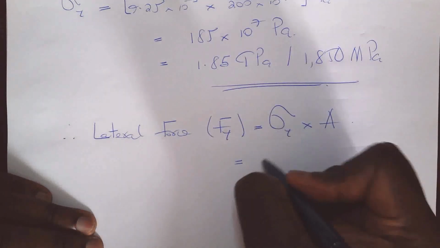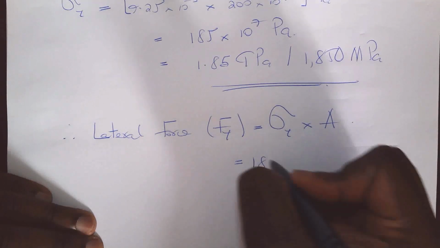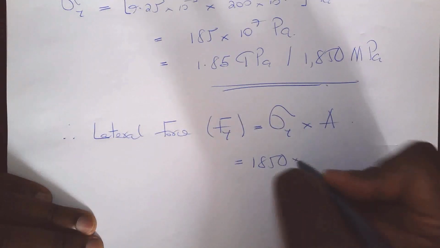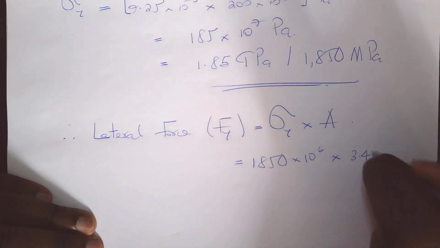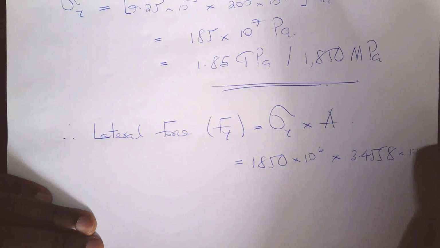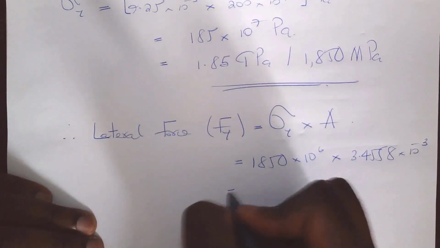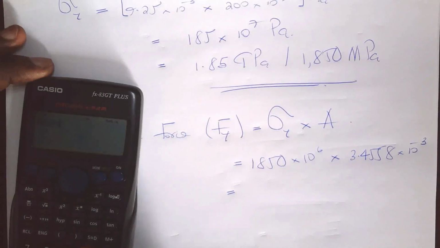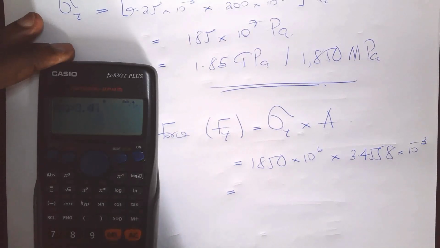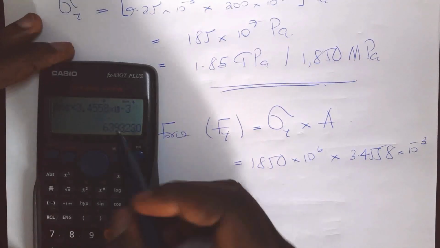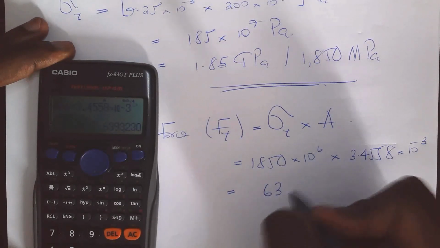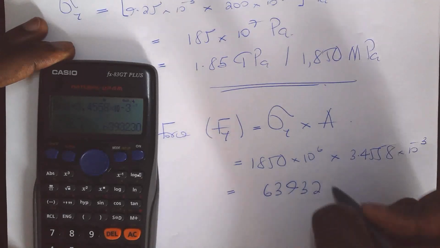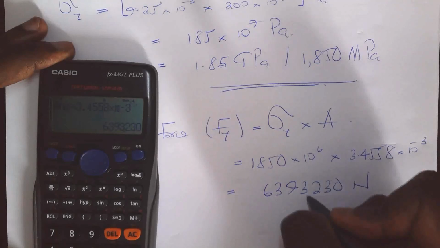So this becomes 1850 times 10 to the power 6 times the sectional area, which is 3.4558 times 10 to the power minus 3, and that would give 6,393,230 newtons.